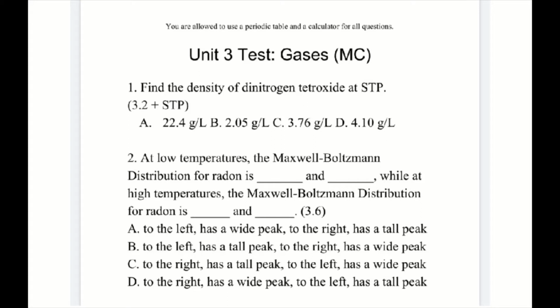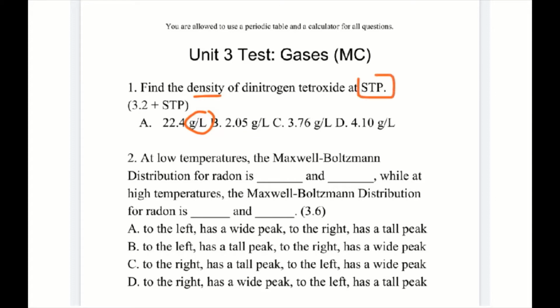Number 1. Find the density of dinitrogen tetroxide at STP, or standard temperature and pressure. So for this question, we have to find the density, which is grams per liter. Now let me write that more clearly, grams per liter. And we have to know a few things.